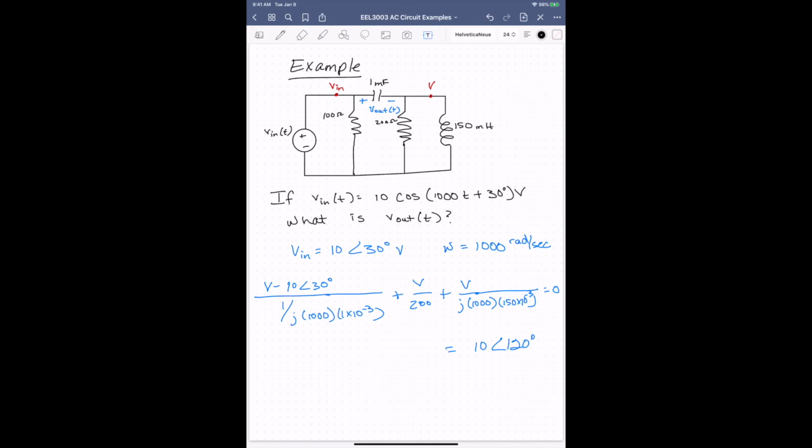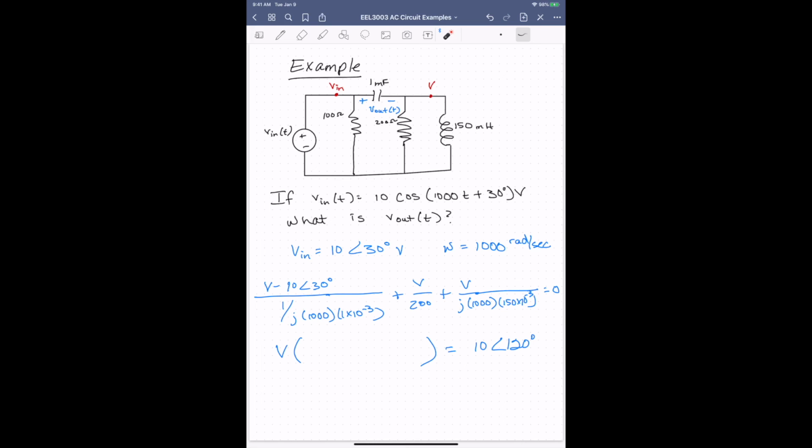Okay, the second thing we do, so then we'll have V times some value, and I take 1 over this, which is going to be flip the fraction. We end up with j 1,000 times 1 times 10 to the minus third plus 1 over 200 plus 1 over j times 1,000 times 150 times 10 to the minus third.